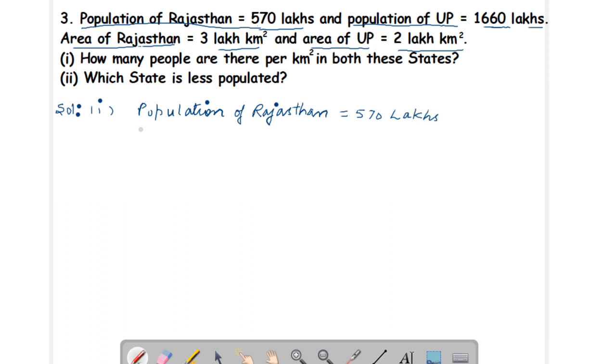Area of Rajasthan is 3 lakh kilometer square.